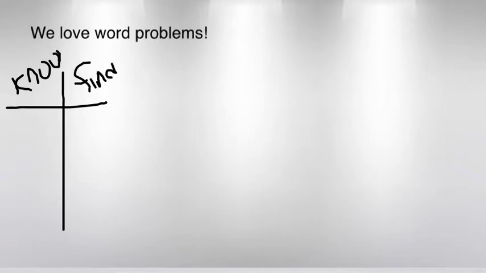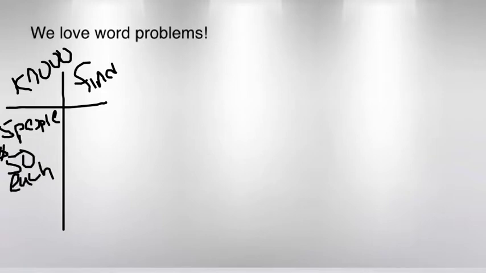What do we know and what are we trying to find? Well, we know we have 5 people because it's a quintet, and we know we want them to each get $50. So what are we trying to find? Well, we want to find, which is our x, how much to earn.